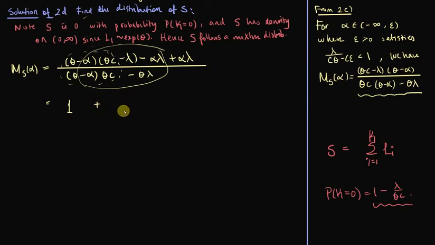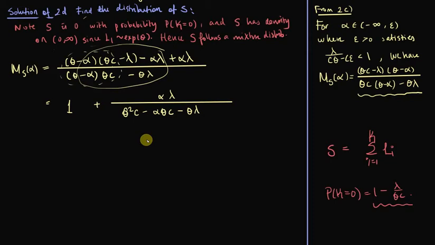And after that, we get a fraction where you have alpha lambda on the top, and then on the bottom, you have something more. What do we have in the bottom? We have theta squared c minus alpha theta c minus theta lambda.